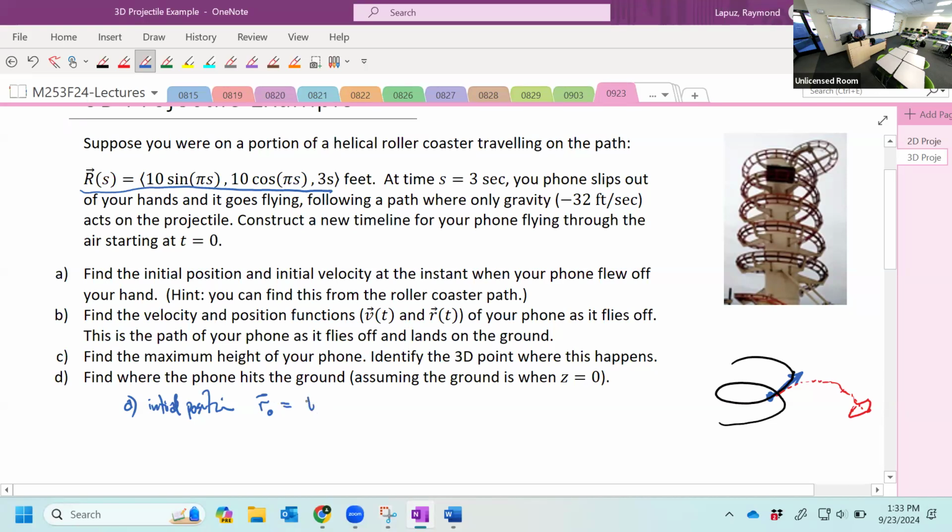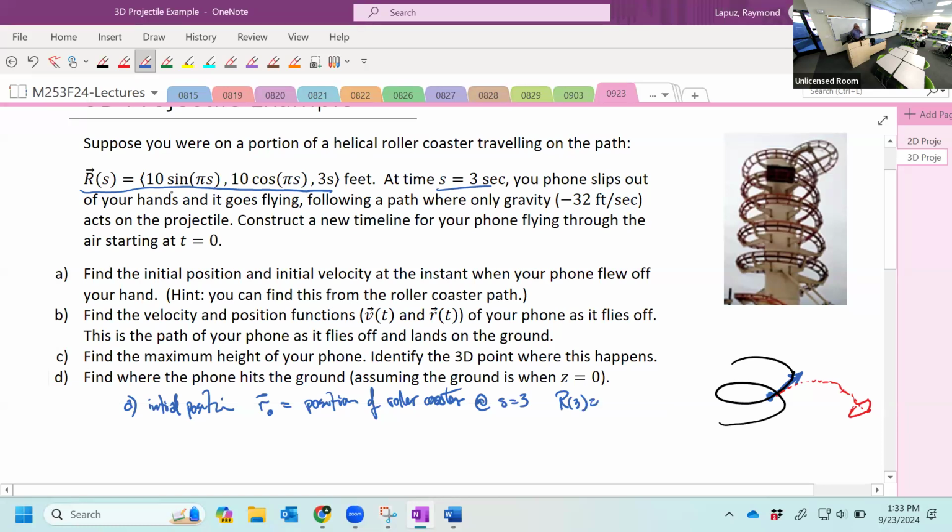equal to the position of the roller coaster at the time that they gave you. So that is r of 3.